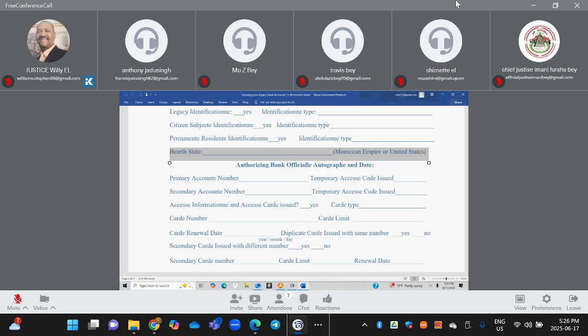But the bank also has to be levied and liened and bonded. But if you're going to do all that anyway, then you might as well just leave the cards on there, unless you prefer for them to issue you new cards. And you can do that as well. You could give them an order to issue your card.